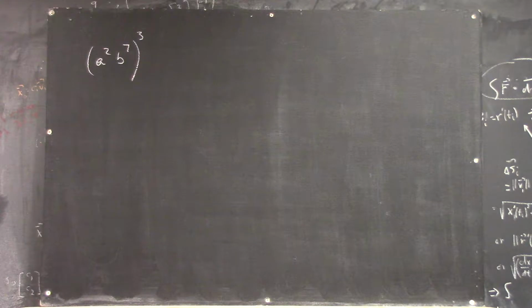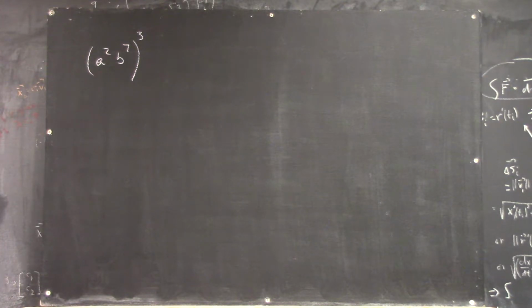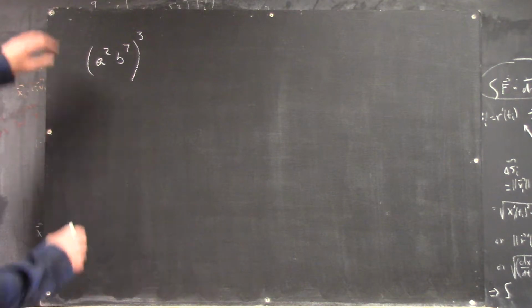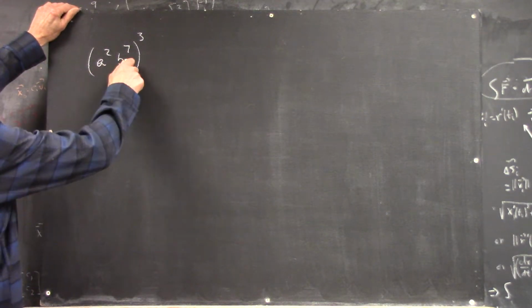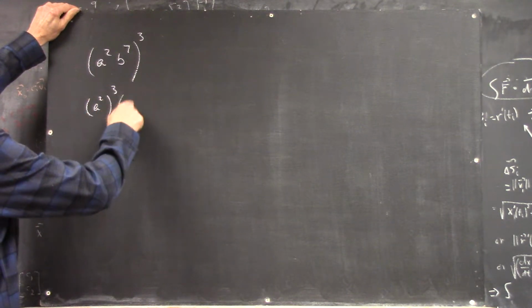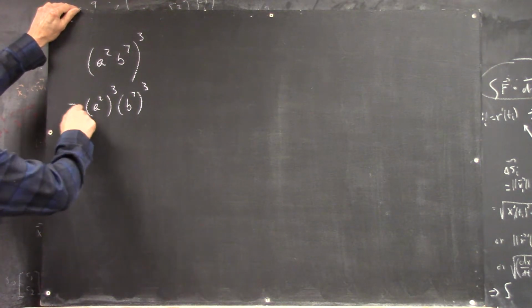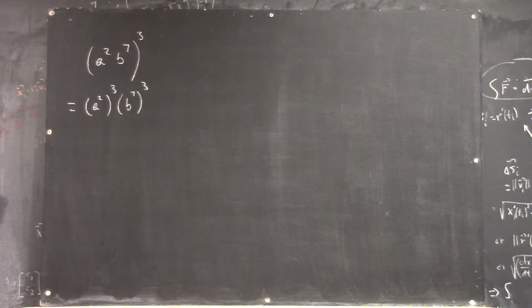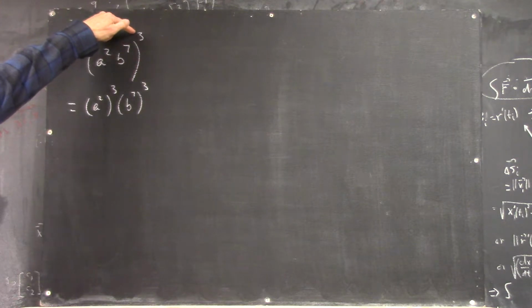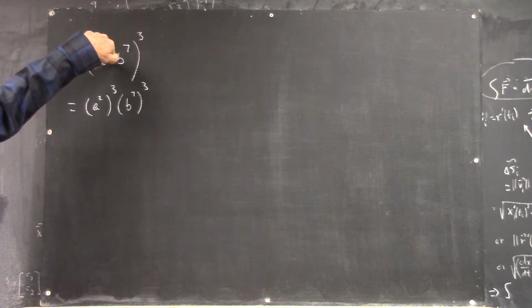I'll tell you what it is because it's going to look familiar to you. Then I'll tell you why, because there's another law of exponents involved that we'll probably talk about more in class, too. Maybe not, because we've got other things we need to do also. a squared b to the 7th, cubed is a squared cubed times b to the 7th cubed. Exponentiation distributes over multiplication.